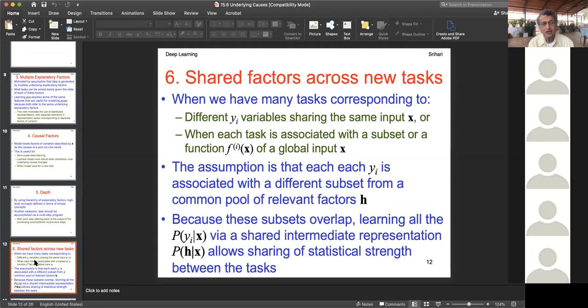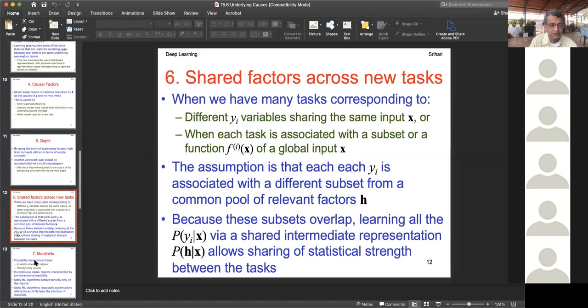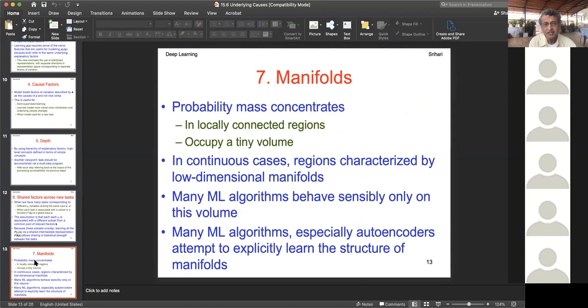Another clue is about shared factors across tasks. So if you have multiple tasks, each of them can reinforce the other to get the shared cues. And the idea of manifolds, and we talked about this earlier on: probability mass concentrates in locally connected regions and occupies a tiny volume of the entire space.